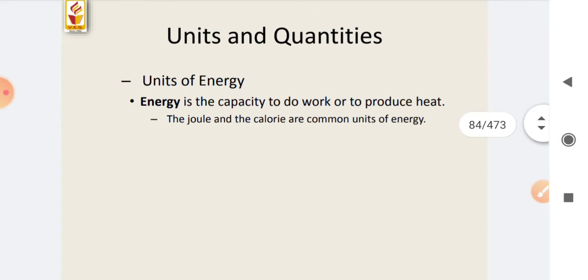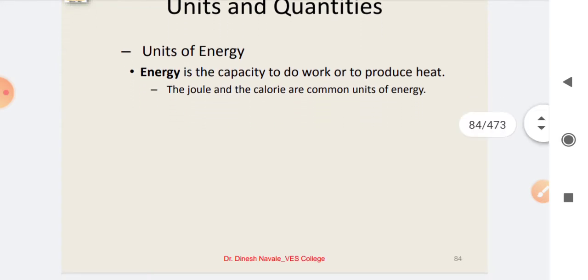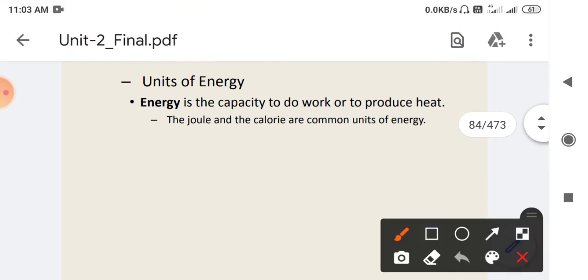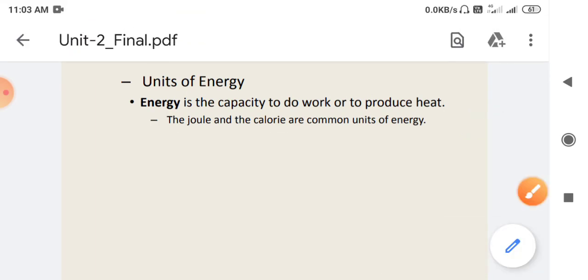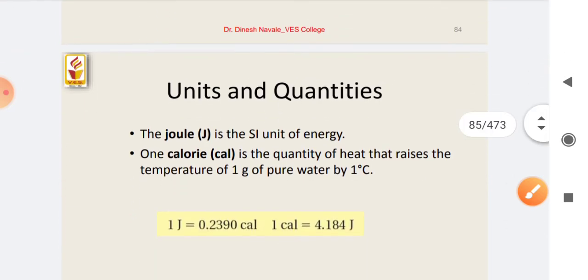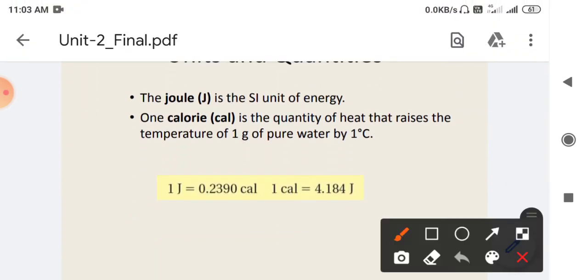Now the next important unit is the energy unit. Energy is the capacity to do work or to produce heat, and the general units of energy are joule and calorie. The important factor here is 4.18: 1 calorie is 4.18 joule.